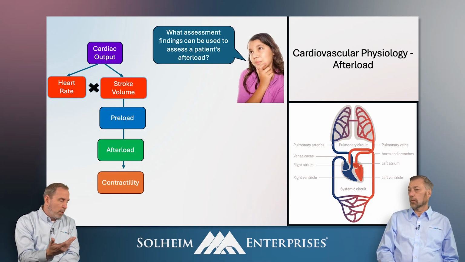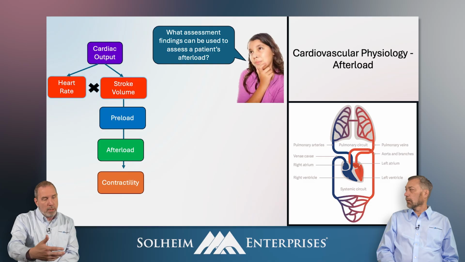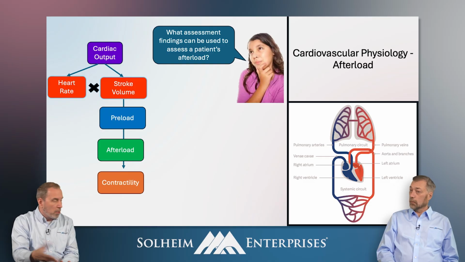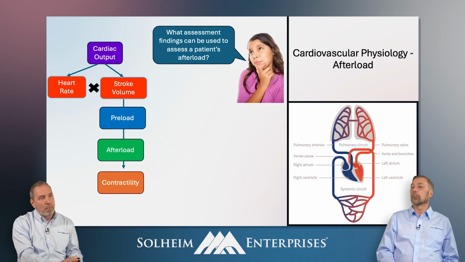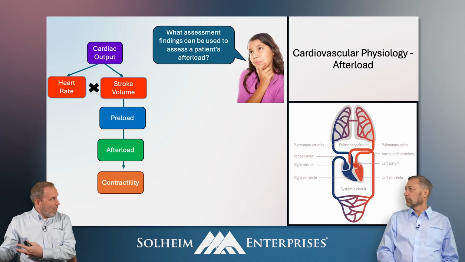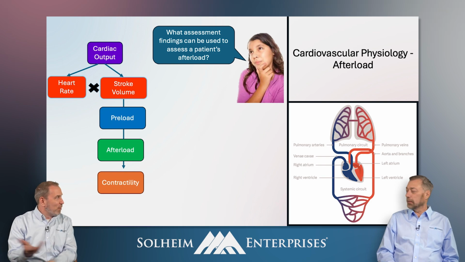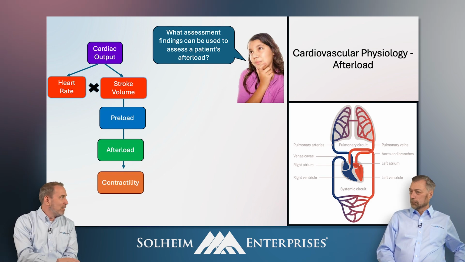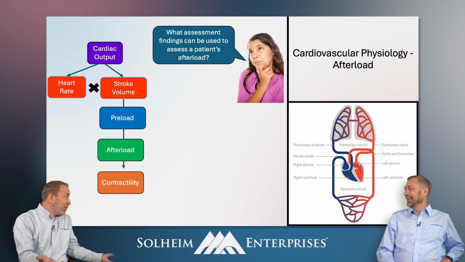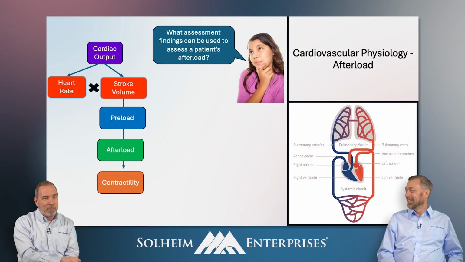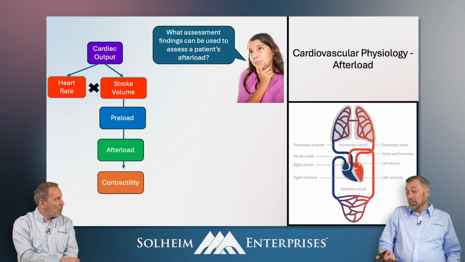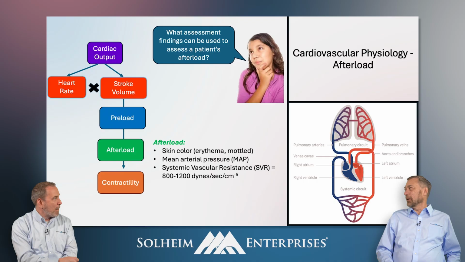So if you want to do just bedside, you could do skin color or refill, and then we give you a general sense. But you can do the arterial pressure, right? Absolutely. You could do MAP. You can do an art line, I guess, if you want to, but that seems kind of extreme. Yeah, for the most part, afterload is mainly measured by mean arterial pressure.